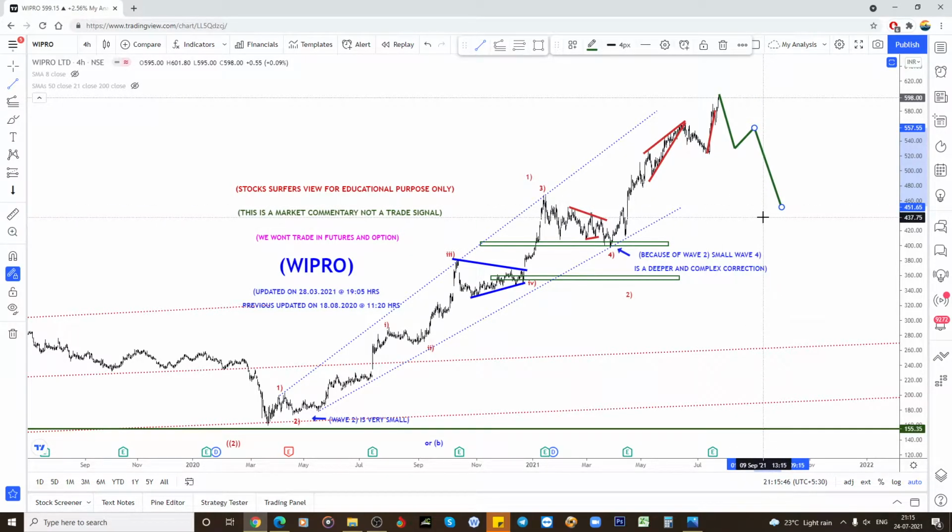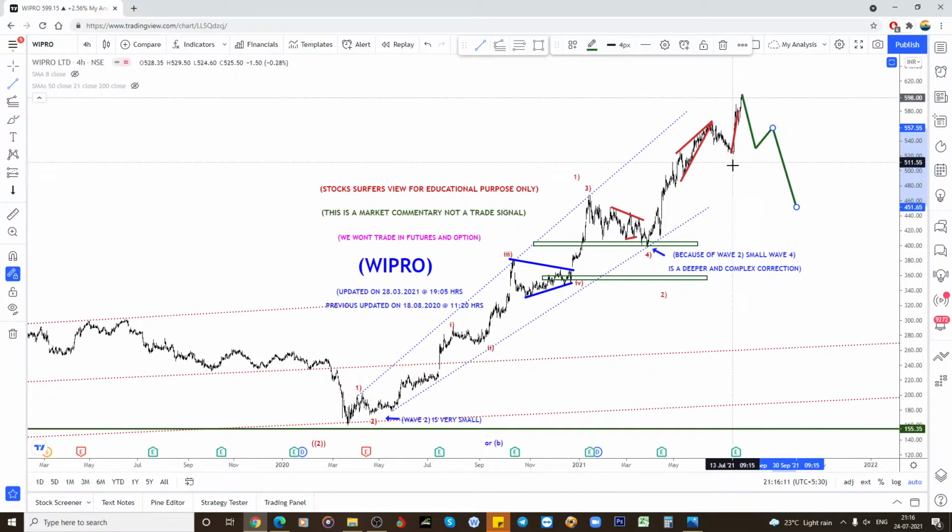If the whole thing becomes a wave 1, then this becomes 1 2, then 3 4 5 like this, but here the intermediate waves are 1 2 3 4 5. So this is 1 2 3 and 4 and 5. If we get the end of the rejection here, we may get a three-wave structure.